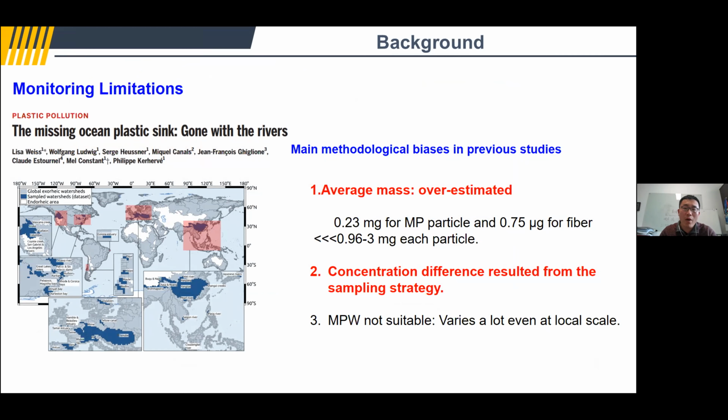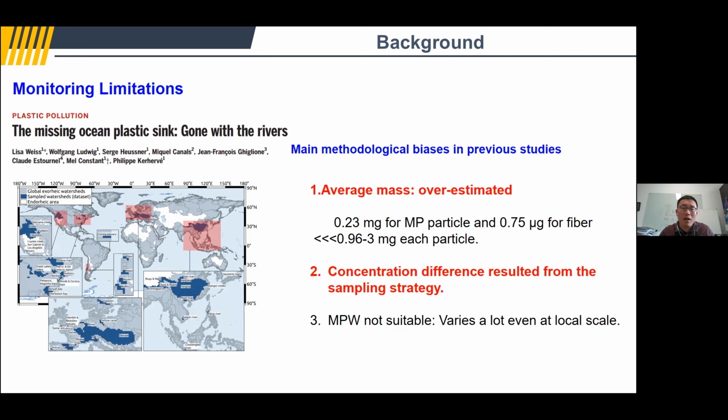One is the average mass, which we currently think is overestimated. For example, the authors estimated that the average mass of a microplastic particle would be around 0.2 milligrams, and for fibers only 0.75 micrograms.